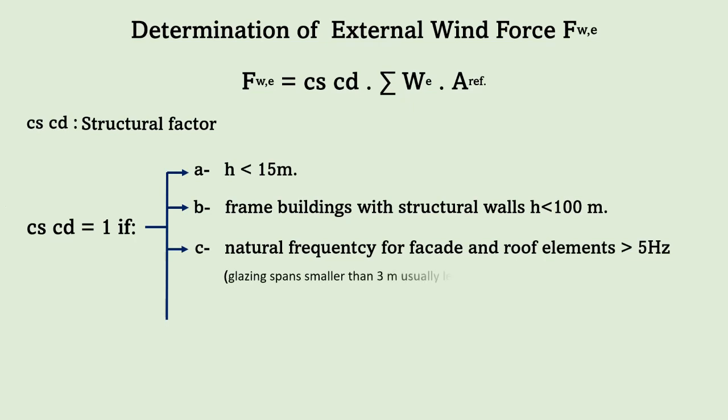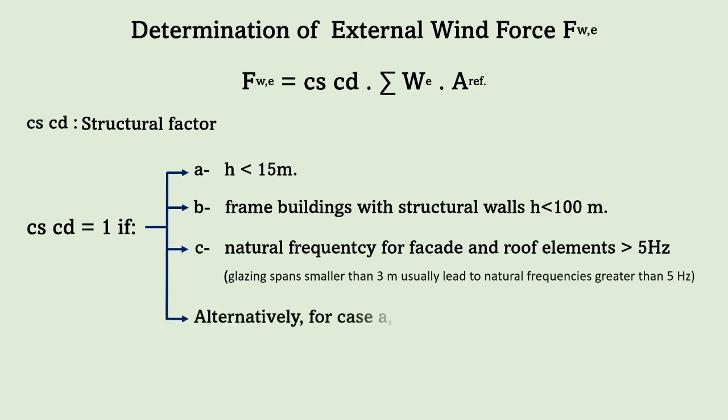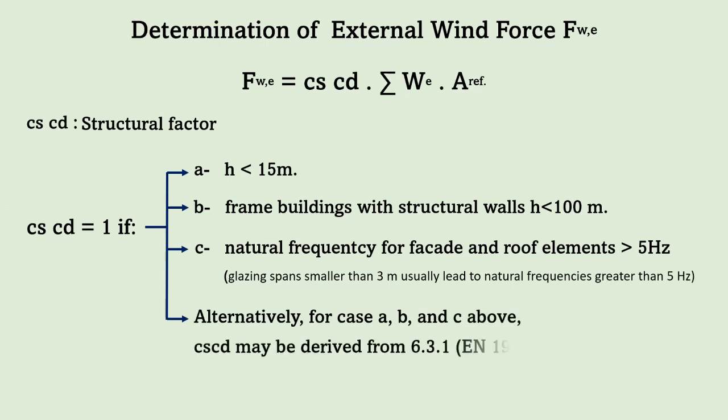Glazing spans smaller than 3 meters usually lead to natural frequencies greater than 5 Hz. Alternatively, for case A, B, and C above, CSCD may be derived from 6.3.1 Eurocode 1991.